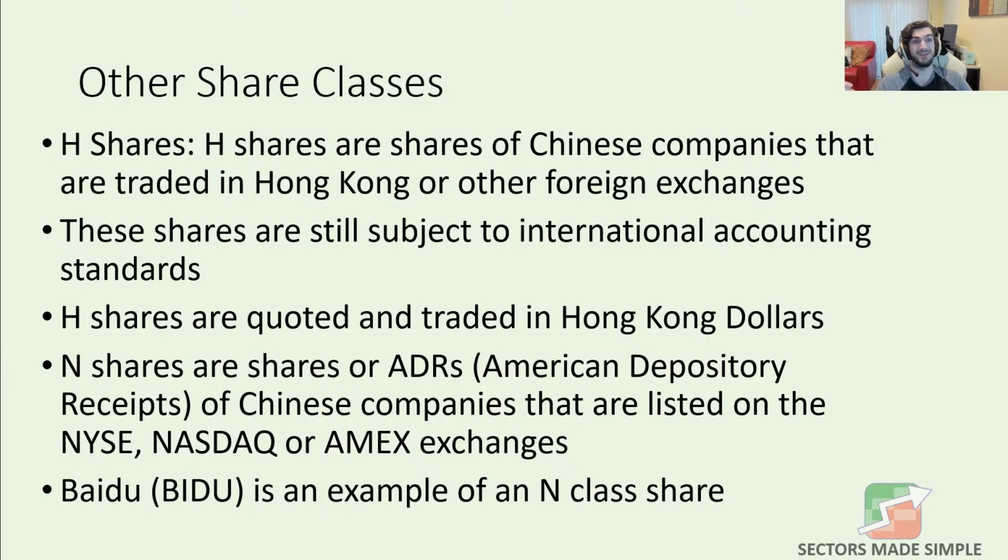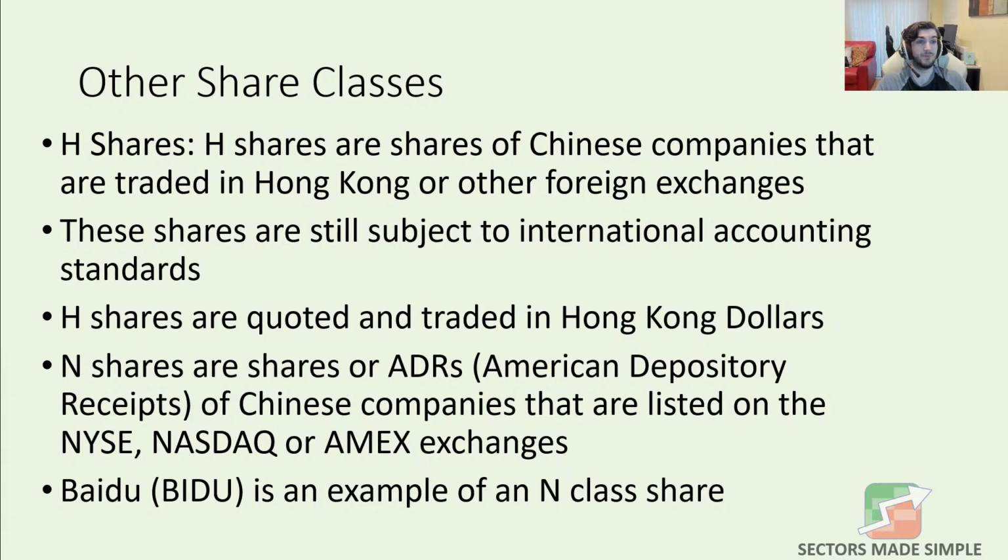They did not want an international accounting group to audit them. They're not the only company. There are a couple of other Chinese companies looking to withdraw their N-class shares, or ADRs, because of these international accounting standards. Interesting, to say the least.